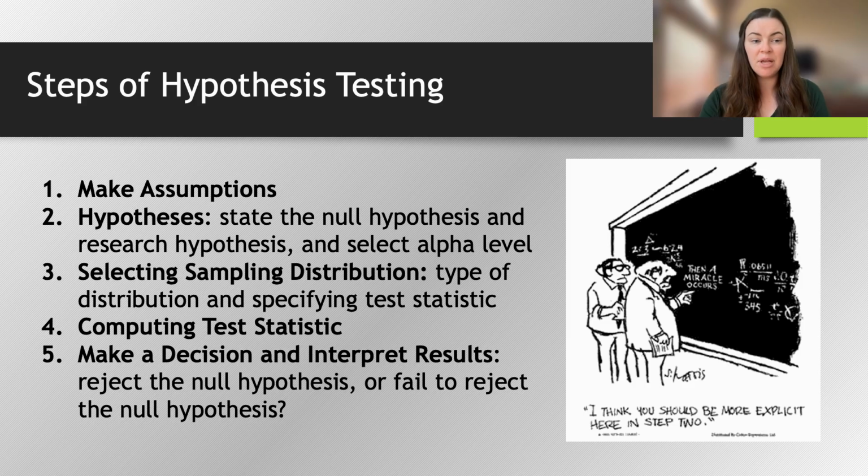The second step is to state our hypotheses, both the null and research hypothesis, as well as selecting our alpha level. The third is to select our sampling distribution. The fourth step is to compute our actual test statistic. And lastly, that's where we can make a decision with all the information we gathered through steps 1 through 4 and interpret our results. In other words, are we going to reject the null or fail to reject the null?